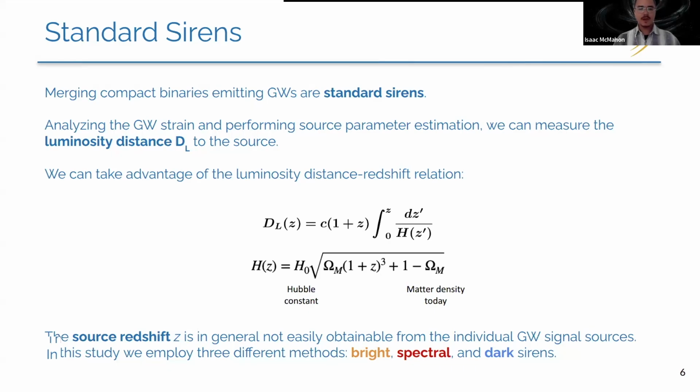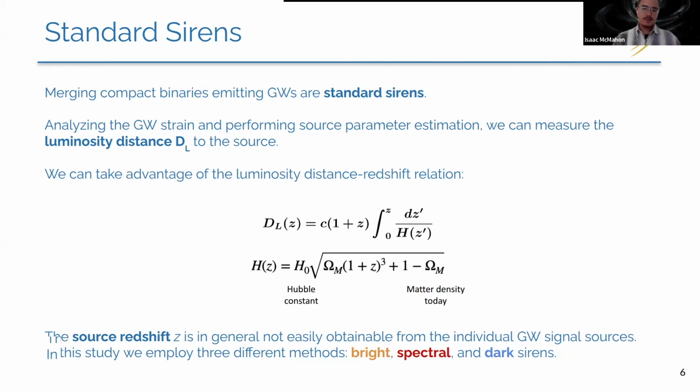And then we can take advantage of something called the luminosity distance-redshift relation. Luminosity distance and redshift are two ways that we can measure distance in space, which are slightly different to each other. And they're actually related by the Hubble constant and some other cosmological parameters that are related to the component makeup of the universe, like dark matter, dark energy, and so on.